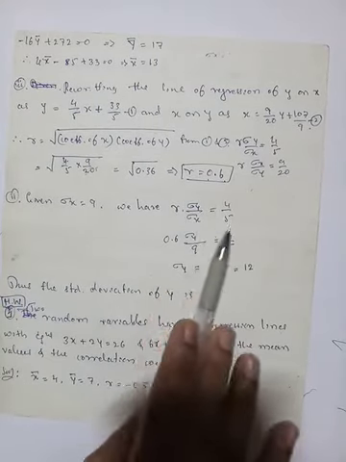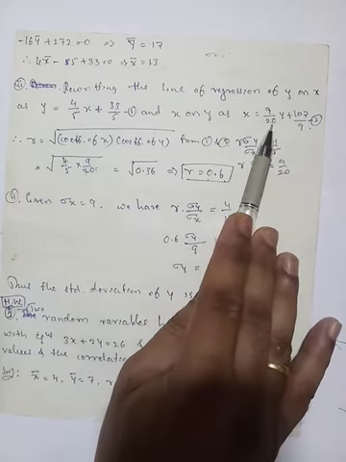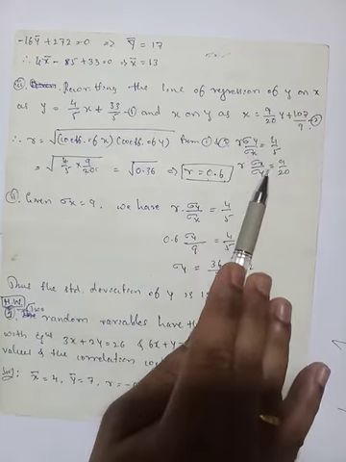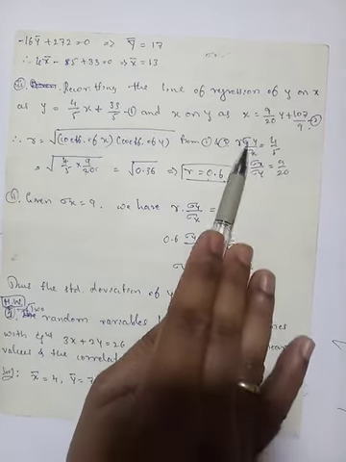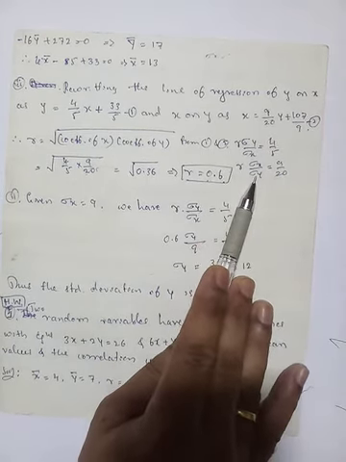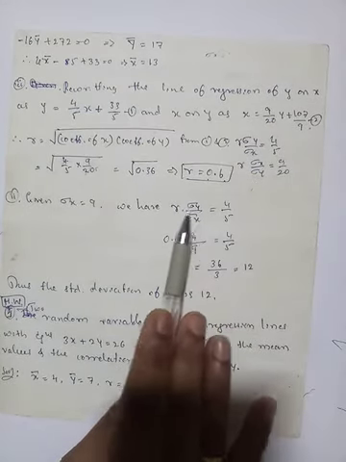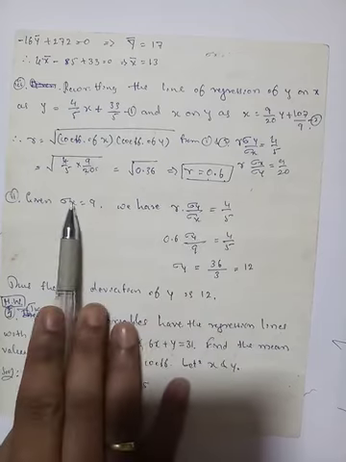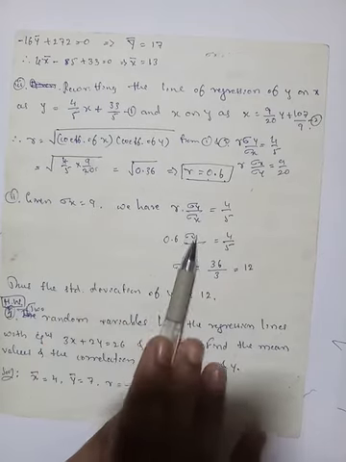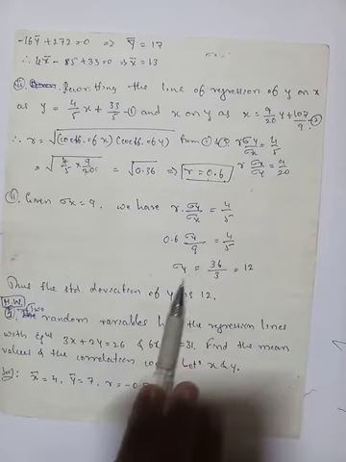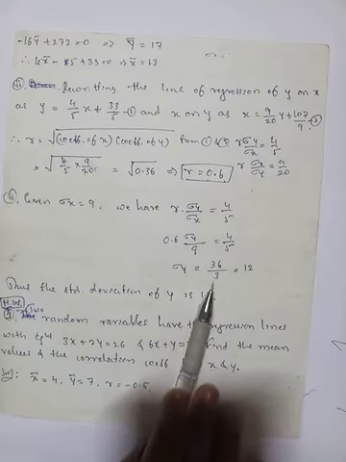Or you can take the regression coefficient of y also. From either one you can get the standard deviation of y. I took the first one. Then substituting r, and the standard deviation of x is given, which is 9, from this we get the standard deviation of y.